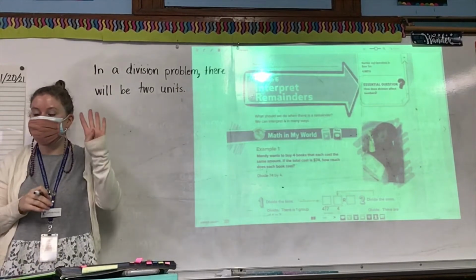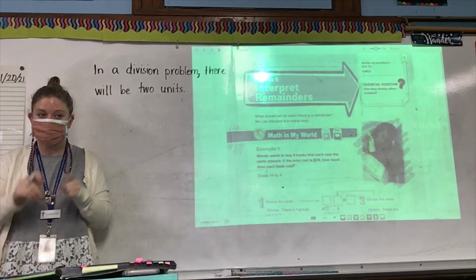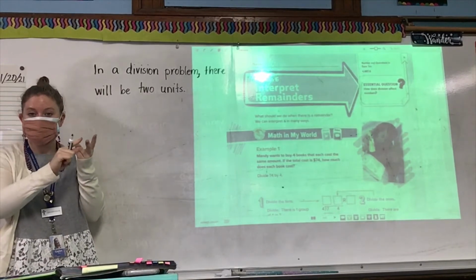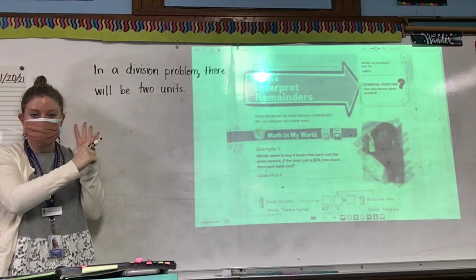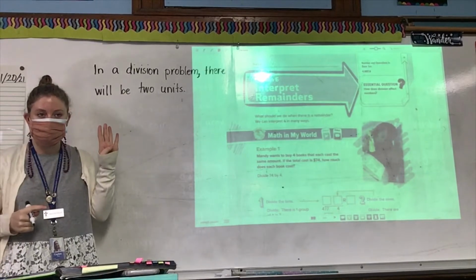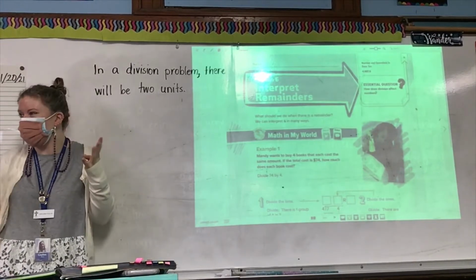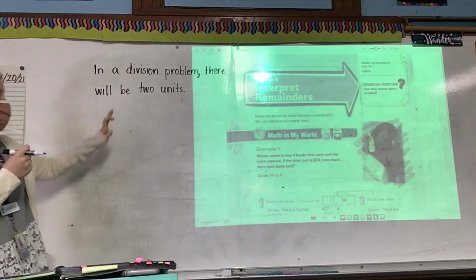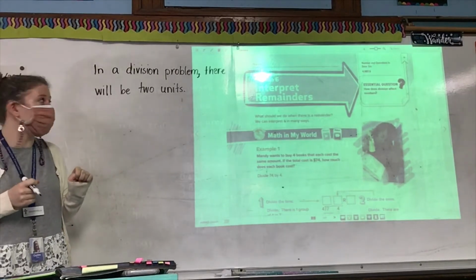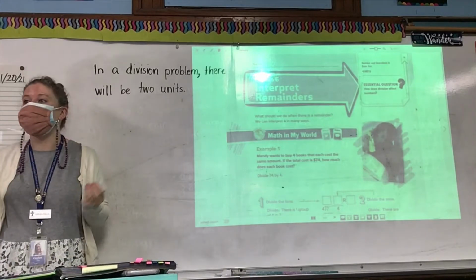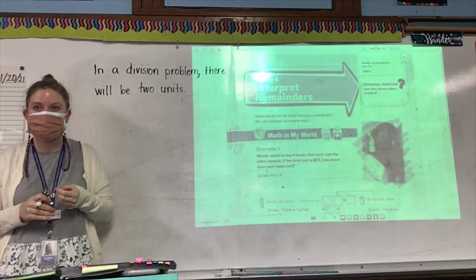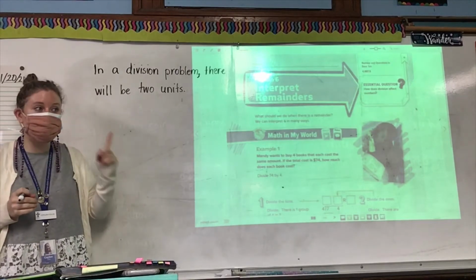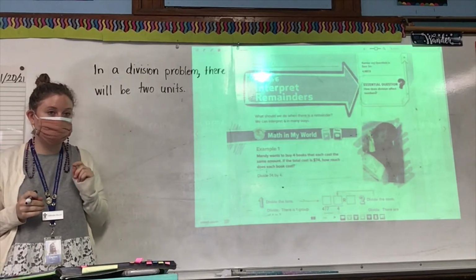So remember, we have 4 parts to a division problem. Dividend, divisor, quotient, remainder. Sometimes we don't have that fourth, because do we always have a remainder? No, sometimes it fits evenly. But in a division problem, there will always be 2 units, 2 nouns. Remember, units are nouns that say what those numbers represent. So there will always be 2 units.